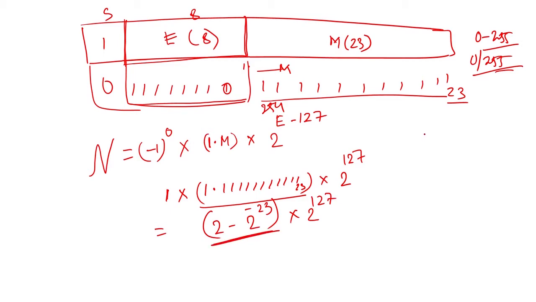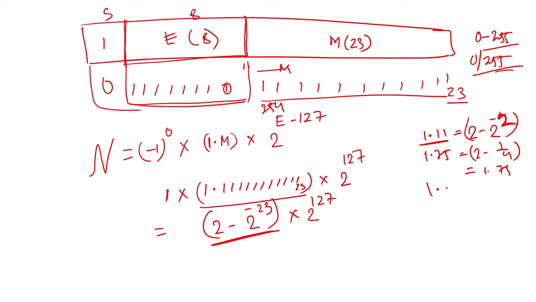Let us say, what is the value of 1.11? 1.11 we can write as 2 minus 2 to the power minus 2, sorry, 2 to the power minus 2. So, what is this value? This will be 1.75, right. So, this is 2 minus 1 by 4. So, this is also 1.75.